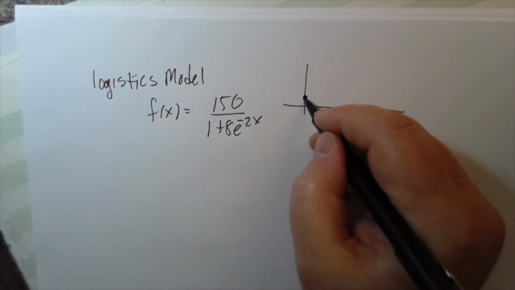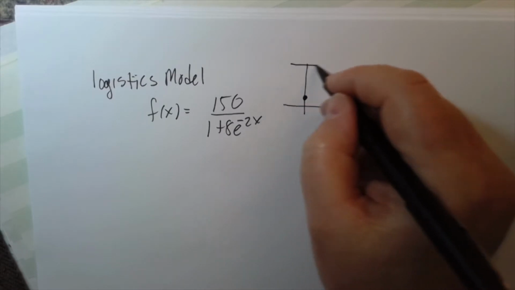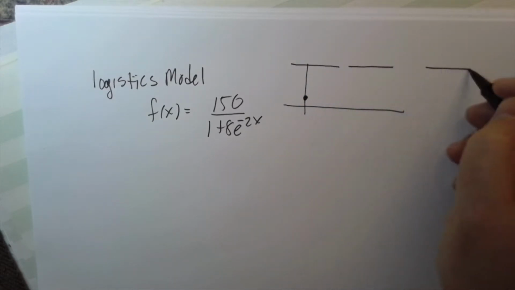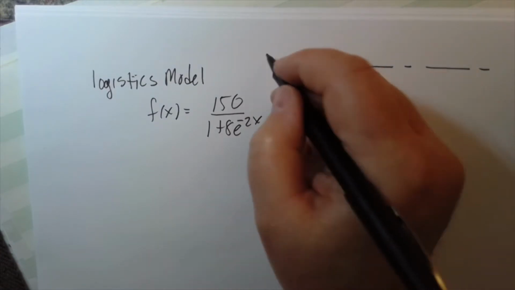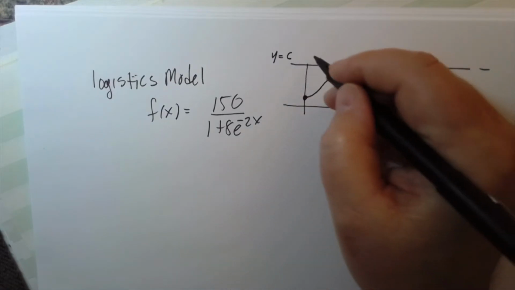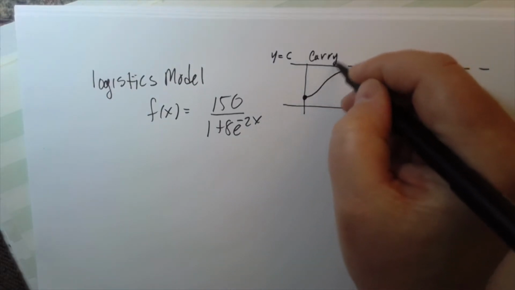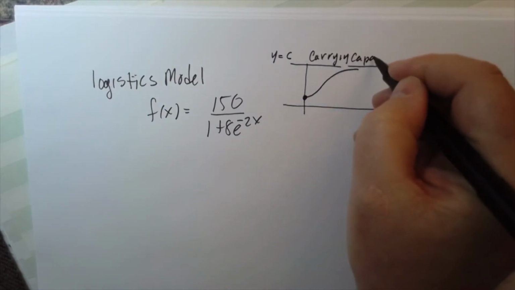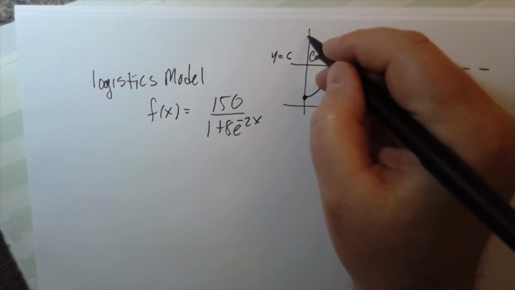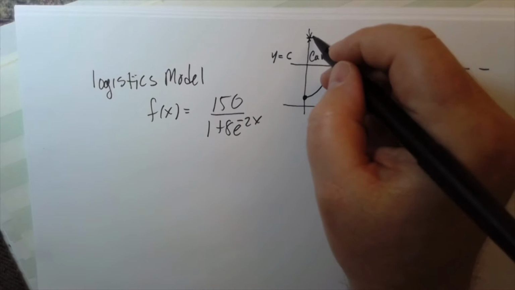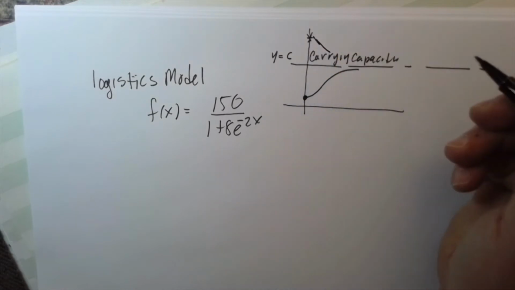At time 0 is where you start, and then over some time period you have this horizontal asymptote. It's going to go up, and then it's going to change. Now this is y equals c, and that's called the carrying capacity. If your population or whatever starts above it, that's going to come down to that.